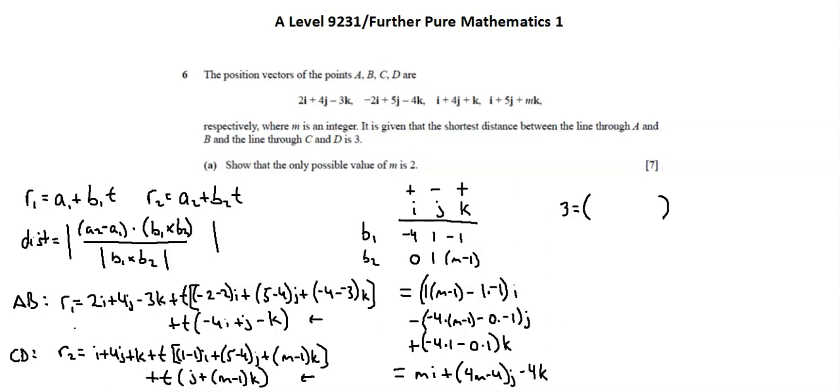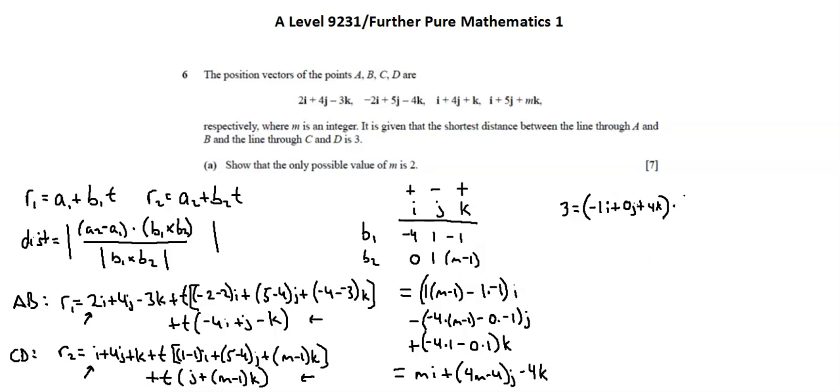Looking at r1 and r2, we're using the position vector component, the first component of those line equations, and subtracting a2 minus a1. r2, the i coefficient is 1, minus the r1 coefficient of 2 is negative 1i, plus the j values, 4 minus 4, 0j, plus the k values. r2 has a k coefficient of 1, r1 has a k coefficient of negative 3, 1 minus negative 3 is 4k.